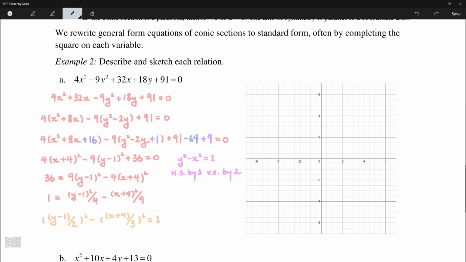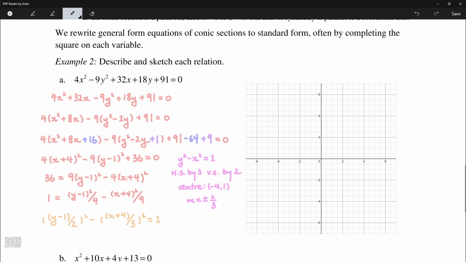The center is going to be negative 4, positive 1. And then the slope of the asymptotes, so m, is going to be equal to plus or minus 2 over 3, based on what we saw with the horizontal and vertical stretch.